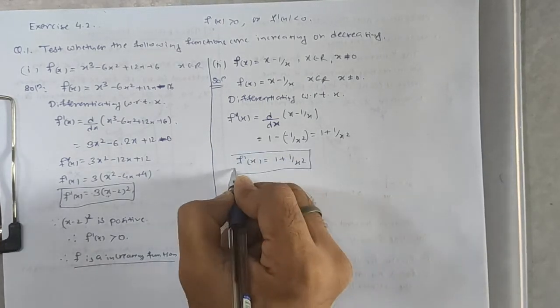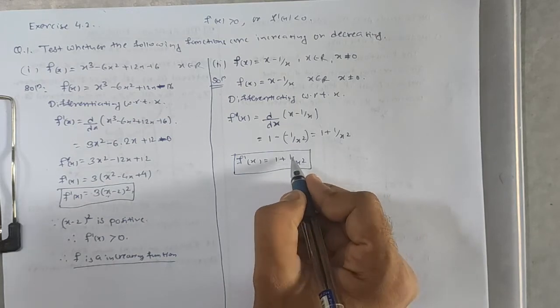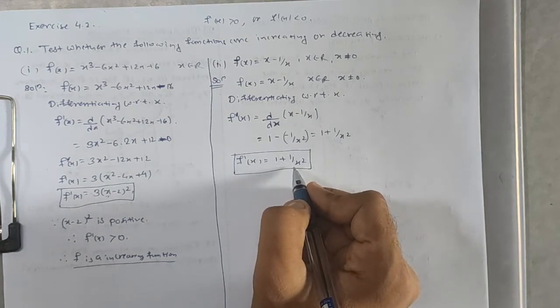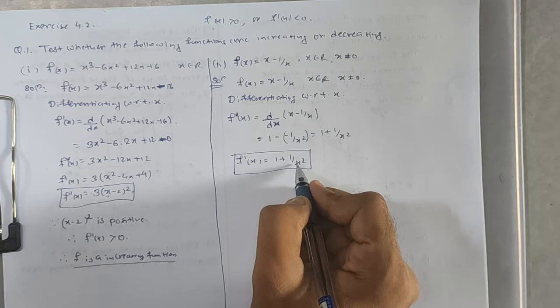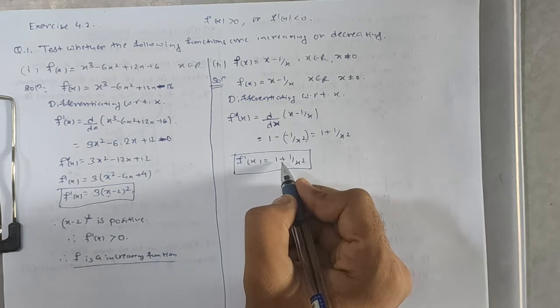Now here x square will not be negative, so 1 by x square will be a positive value. If x tends to infinity, infinity square will be again infinity, and 1 by infinity will be close to 0. So this will be close to 1, which is greater than 0. Correct?